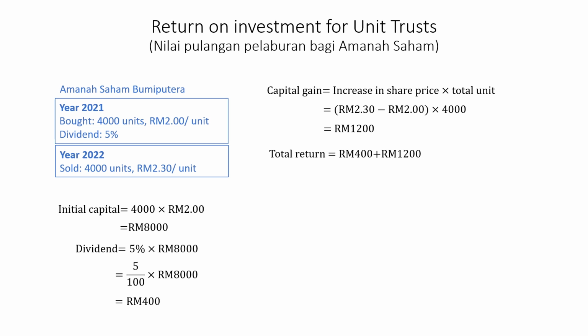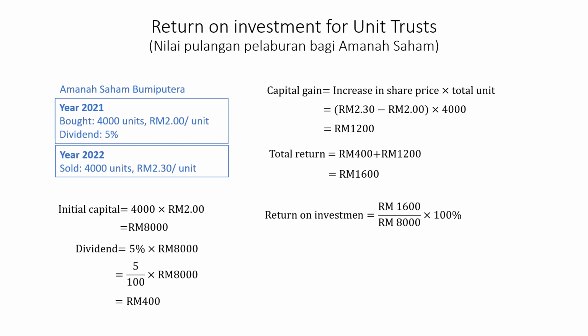The total return will be the dividend added to the capital gain. So this is everything that I get. It equals 1,600 ringgit.